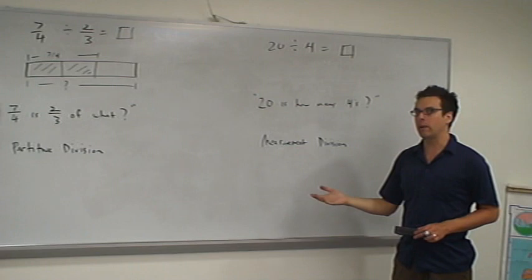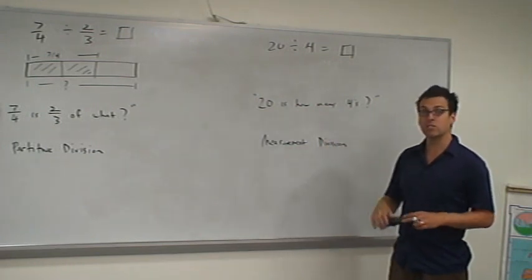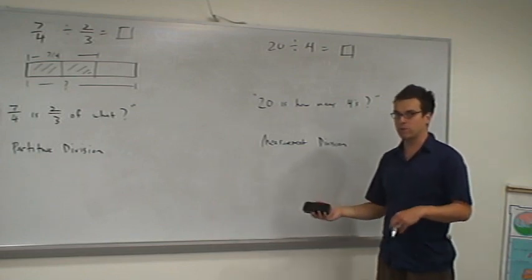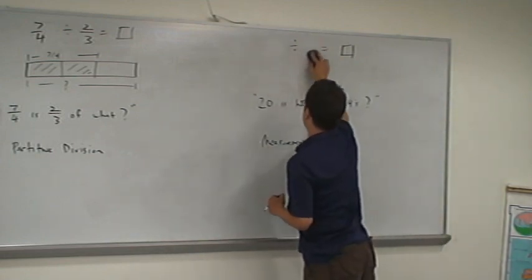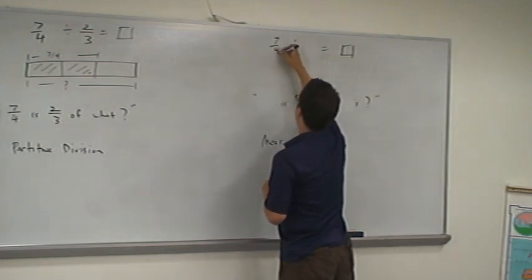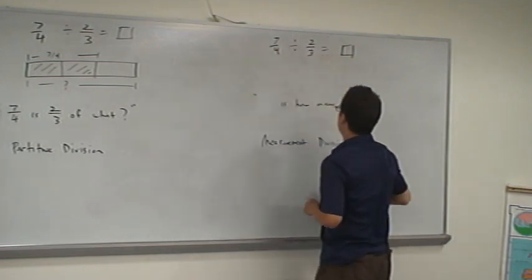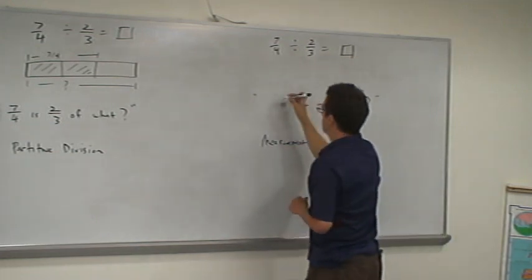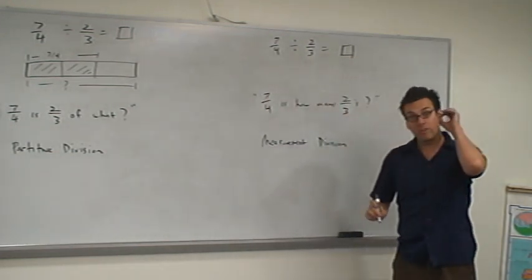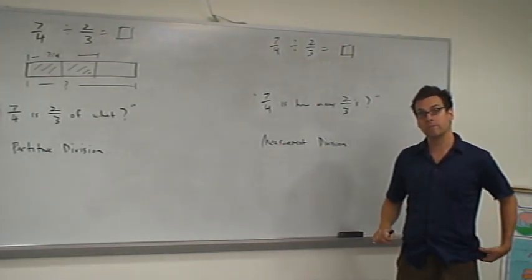Now I'm going to do exactly what I did in our partitive example. I'm just going to replace the 20 and the 4 with 7/4 and 2/3, my new dividend and divisor. So the question will now read, 7/4 is how many 2/3?